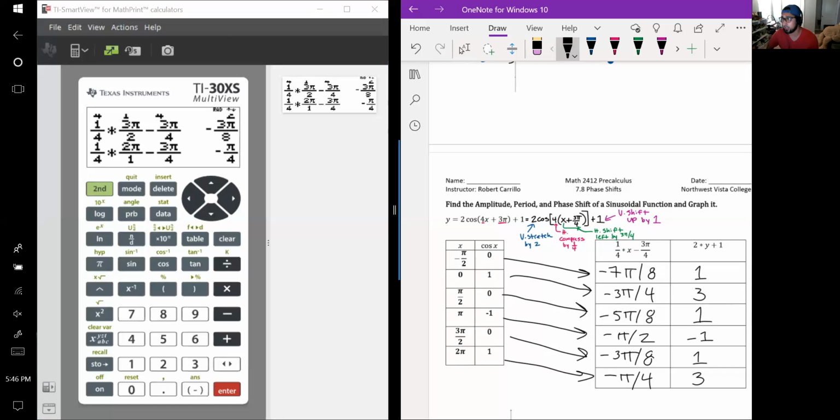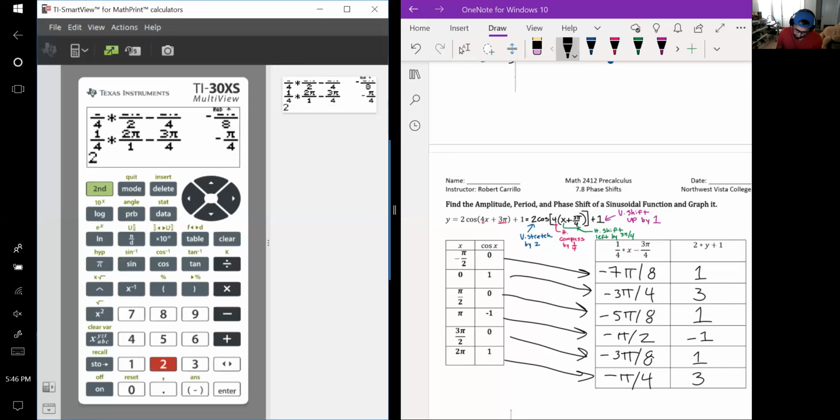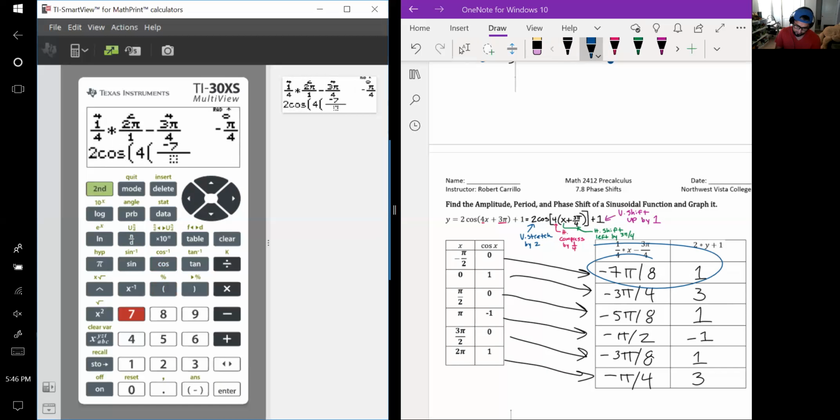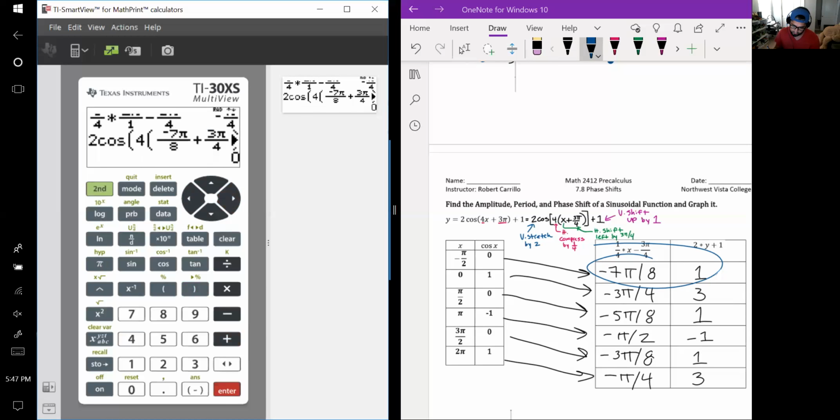And again, check our work. I have 2 cosine of 4 times, let's check the first one, negative 7 pi over 8. So negative 7 pi over 8 plus, sorry, plus 3 pi over 4, close, close, enter, and we get 0.